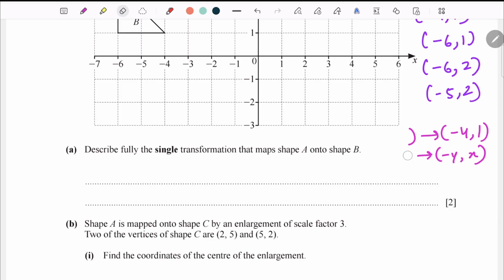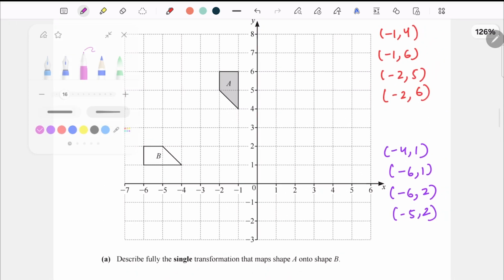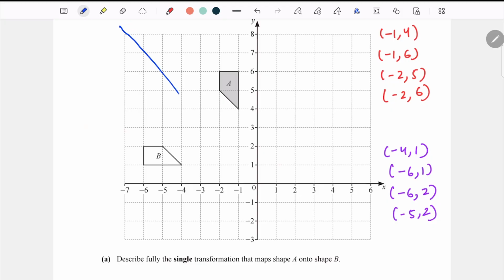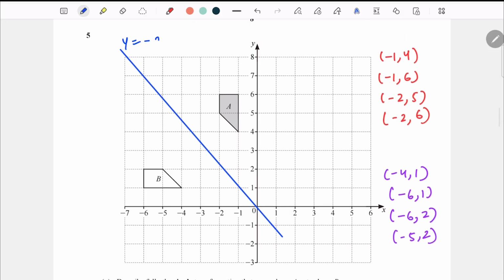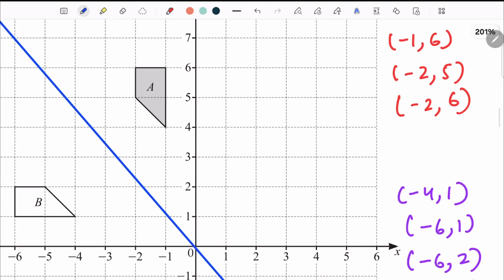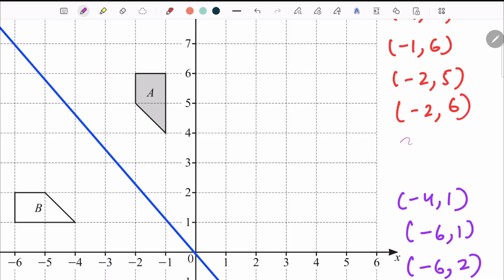This is basically a shortcut for reflection in the line y is equal to minus x. So if I want to prove it with the diagram, I'm going to draw the line y is equal to minus x. And we can see that A is the perfect reflection of B in the line y is equal to minus x. So the shortcut for recognizing y is equal to minus x, I'll write it down over here.